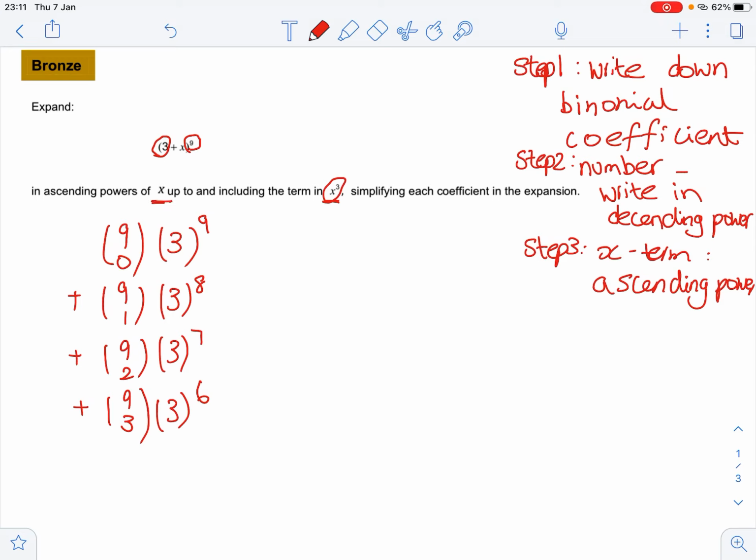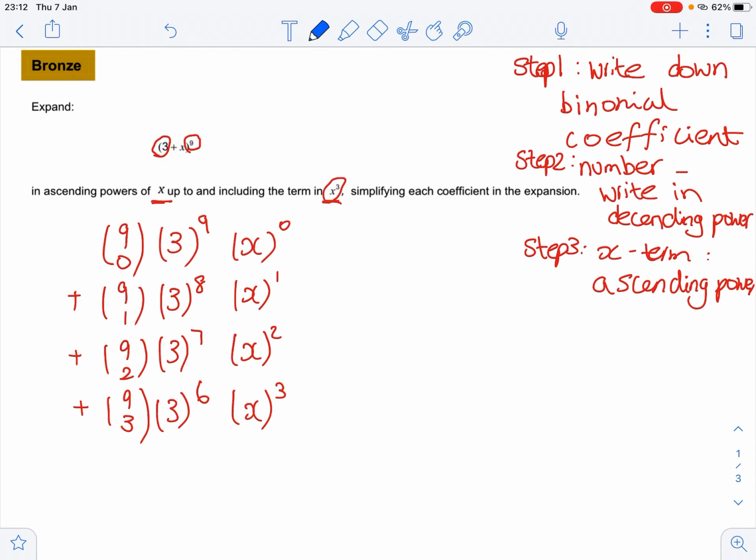Because the question asks us to write x in ascending power until x cubed. So the first one would be x to the power of 0, x to the power of 1, x to the power of 2, x to the power of 3.